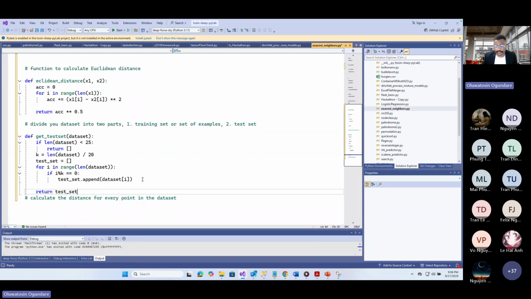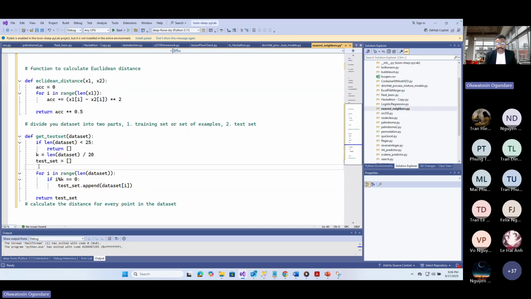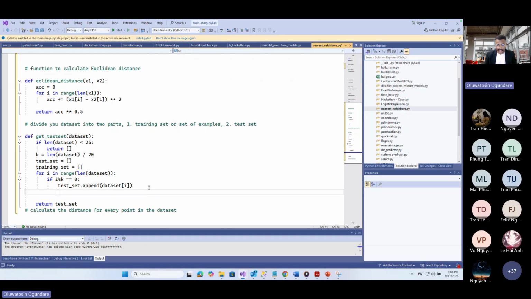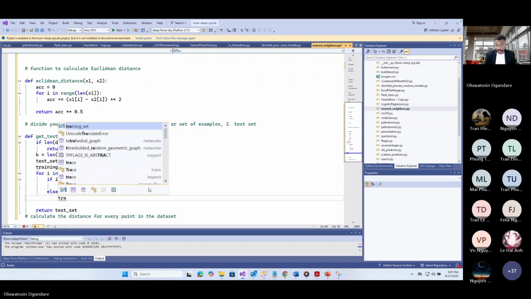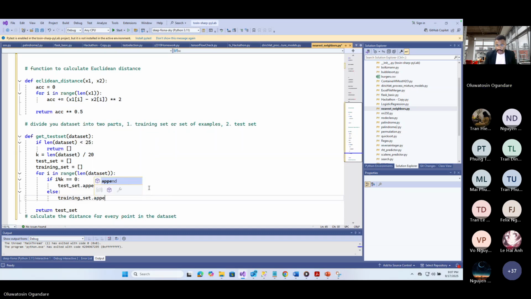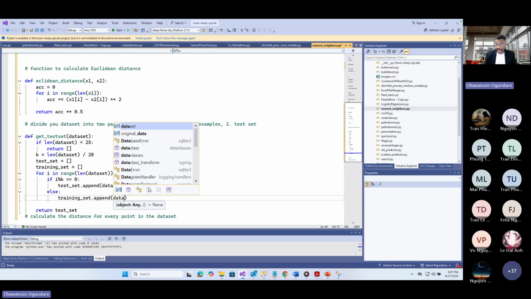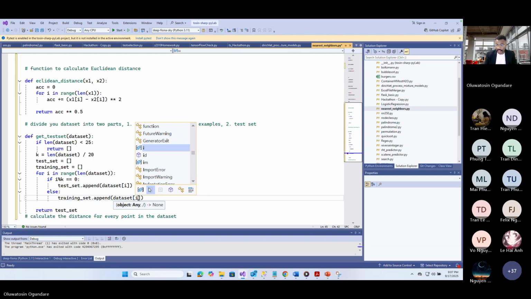Of course, if you're really clever about this, you want to return both the test set and the training set, right? You can have a training set here as well. If you really want to kill two birds with one stone, if you're not adding to this, you're adding to the other one. So you just do training set dot append, and you would put data set at i, like so.